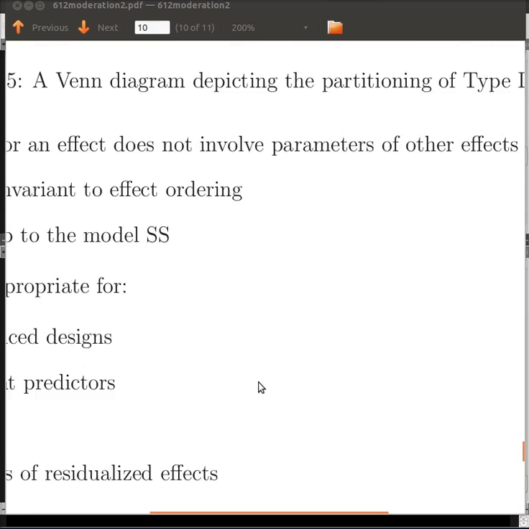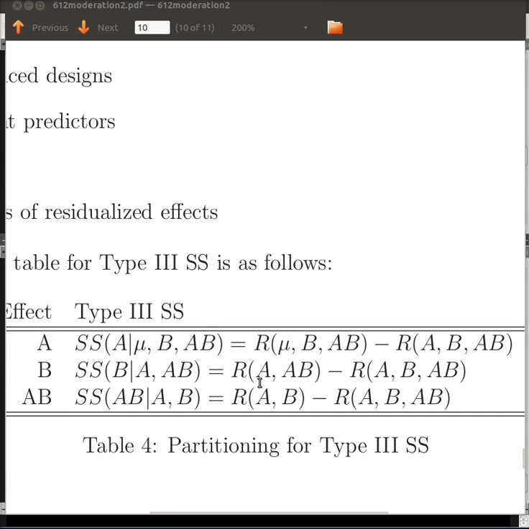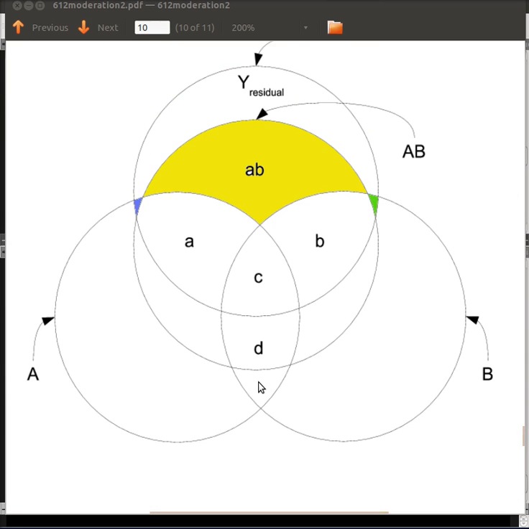And that is a very quick summary of the types of sums of squares, and I highly recommend that anybody interested in this read my notes that are linked to the website so that you can see exactly how the sums of squares are partitioned. Now, there's a note about this that's very important: sums of squares are oftentimes the focal part of analysis of variance.